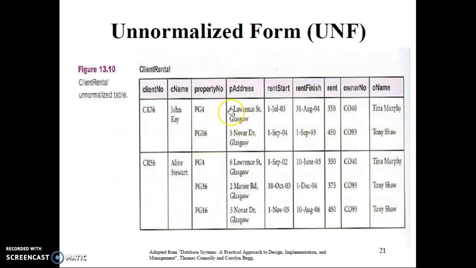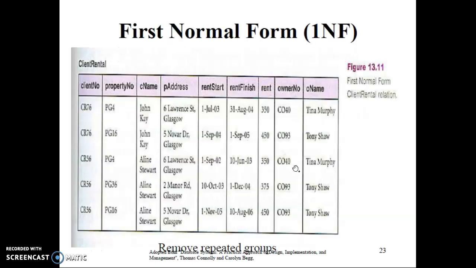In the unnormalized form we have some repeating groups, which we remove to transform it into first normal form like this. That is the first rule for converting unnormalized form to first normal form.